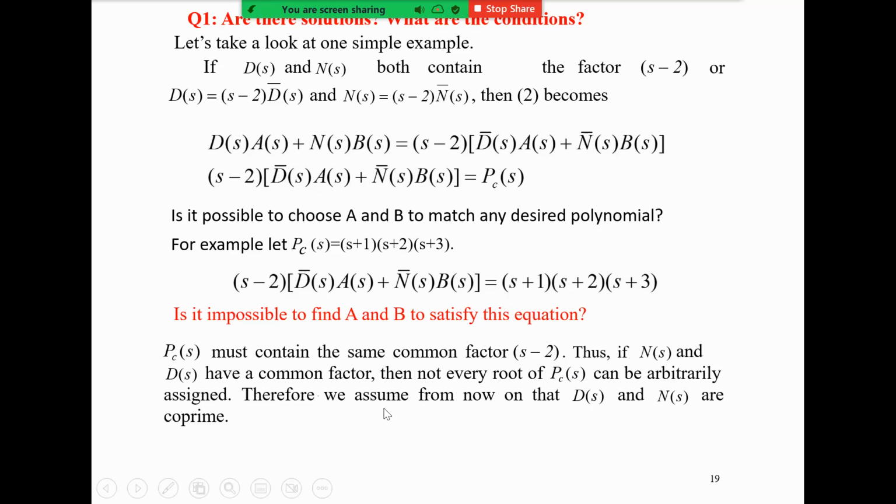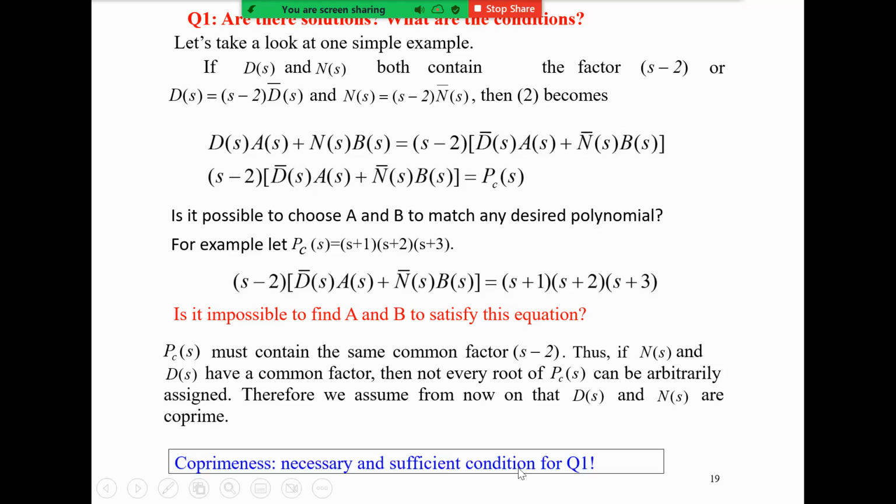Therefore, to have a solution to the pole placement, if we want to place the poles anywhere we like, we have to assume that D and N are coprime, that they don't have a common factor. And it turns out this is the only condition we need. So that is the necessary and sufficient condition for the existence of a solution: the transfer function does not have a common pole and zero.